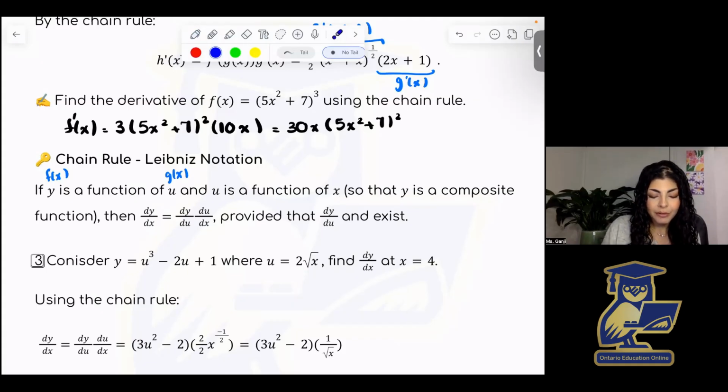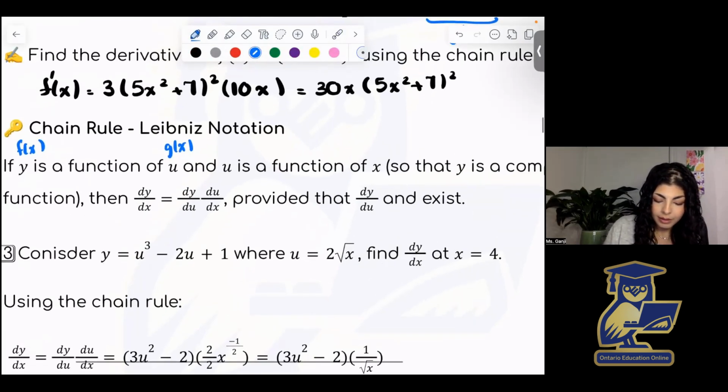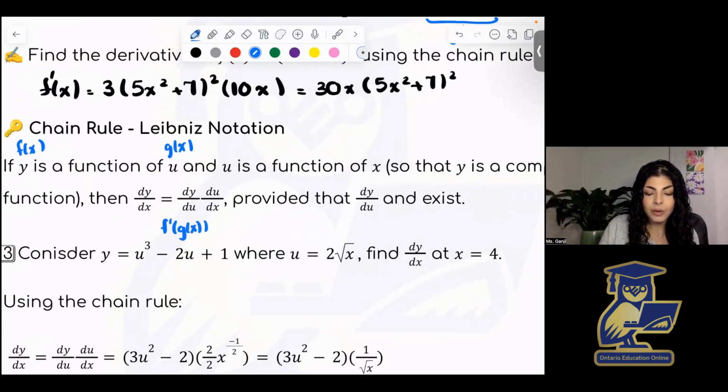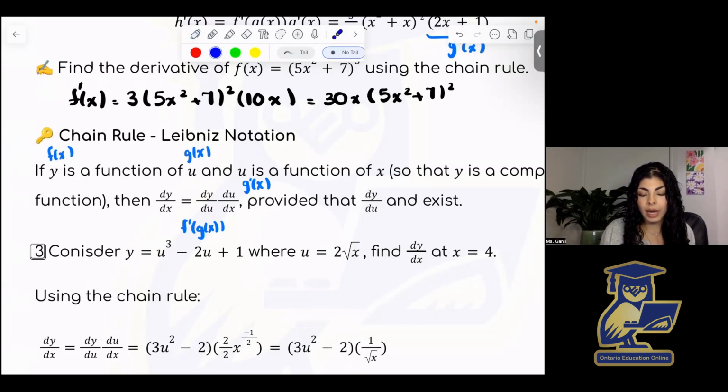So then, first we have to differentiate y with respect to u, and this is f prime of g of x. And then we have to differentiate u, the inner function, with respect to x, and that's g prime of x. So yes, we do have now another variable in our denominator for the Leibniz notation, and this is the case for composite functions.